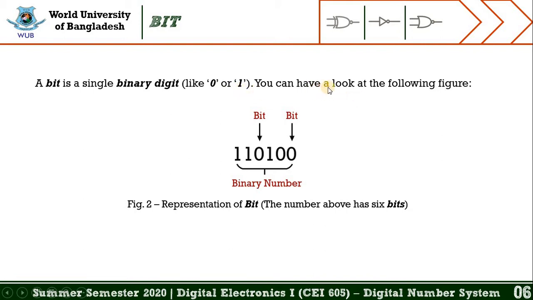You can have a look at the following figure to understand or visualize what a bit is. This figure represents a binary number, and an individual digit in it is a bit.